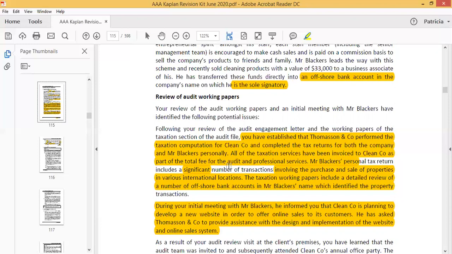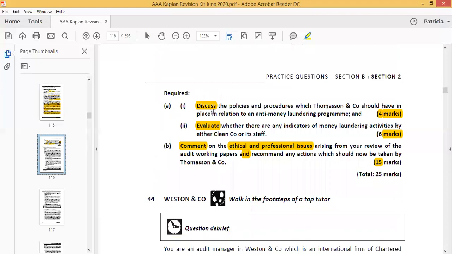This makes the transaction very difficult to trace, especially if you're moving the cash internationally. So it will make it a complex process. This is what we call layering, putting it through many layers of complexity, making it difficult to trace. So that is what you can put down in your answer for part A1 and part A2. So we're going to move to part B.